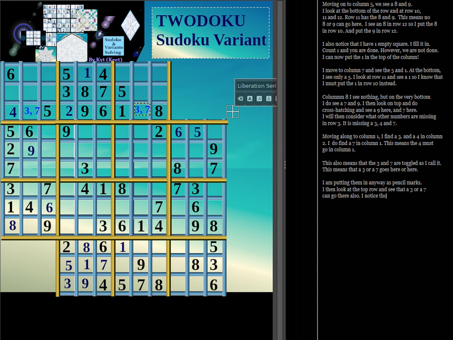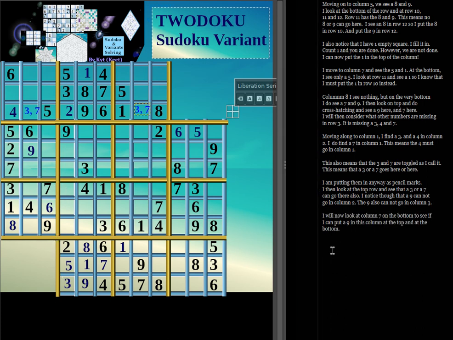I notice, though, that a 9 cannot go in column 2. The 9 also cannot go in column 3. I will now look at column 7 and on the bottom to see if I can put a 9 in this column.